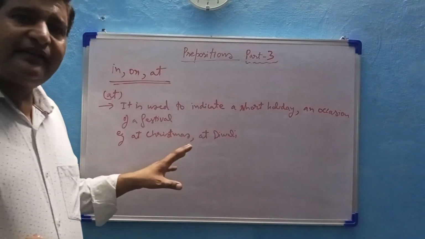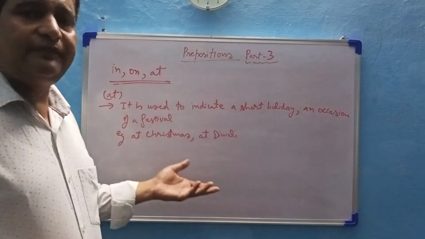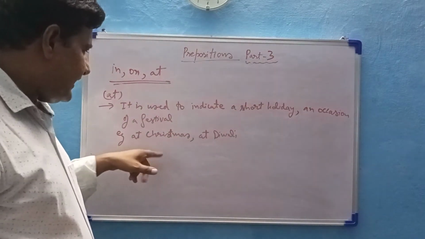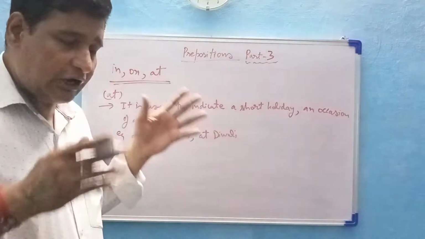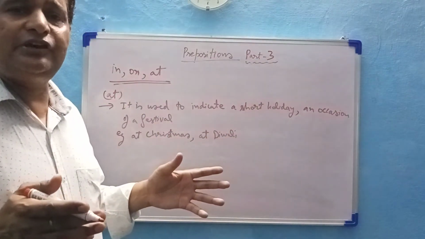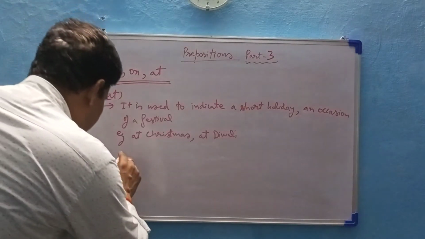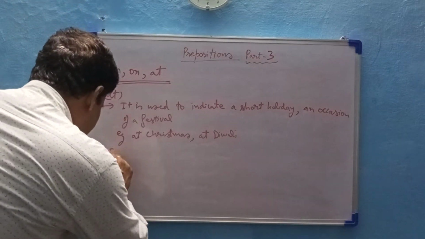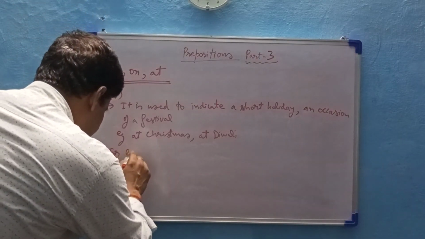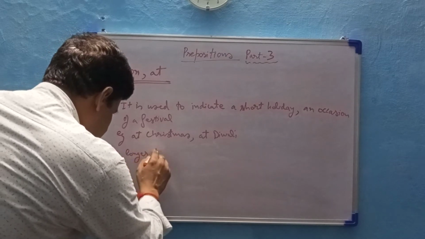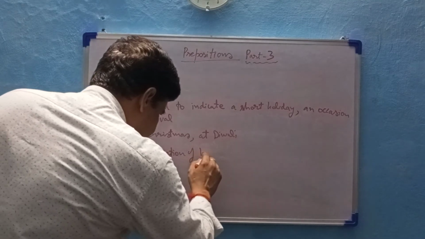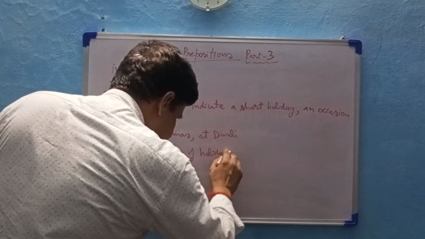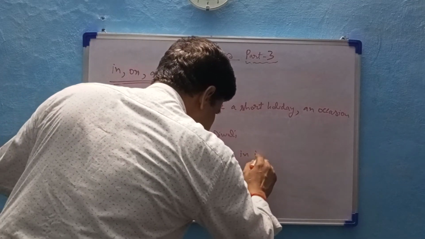Here we can understand there is one more use of in. Side by side you understand it. For longer duration of holidays we use in. How do you understand it? For longer duration of holidays, in is used.